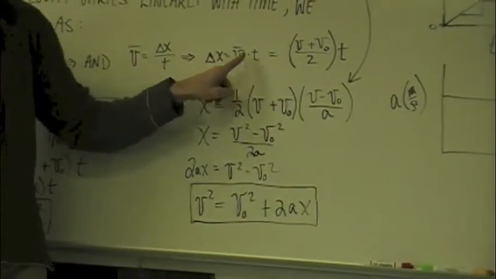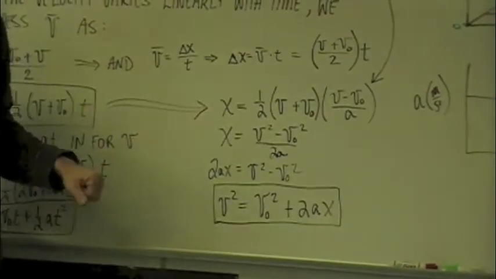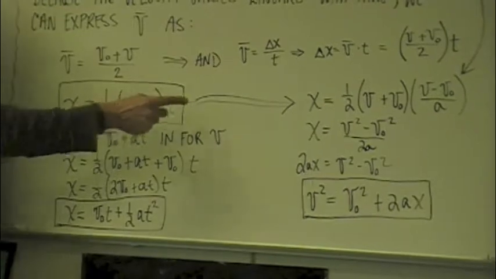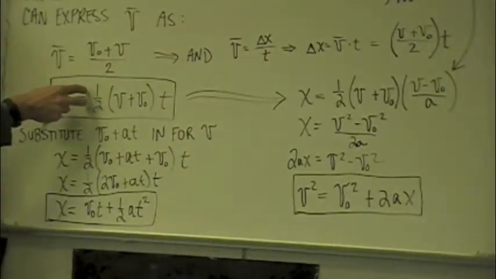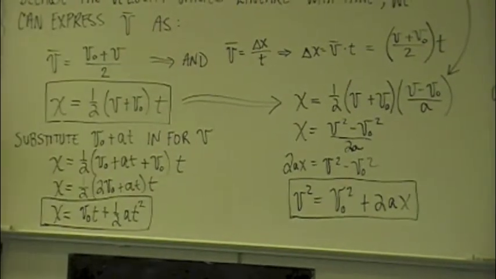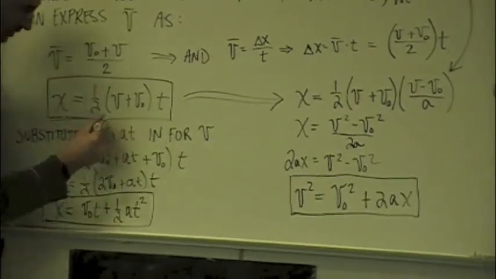So right there we plug that equation in. We can rewrite that thing down here as, we'll pull the 1/2 out to the front. We're going to go 1/2 V plus V naught times t. Okay? So this is our second kinematic equation that we're going to be using extensively.